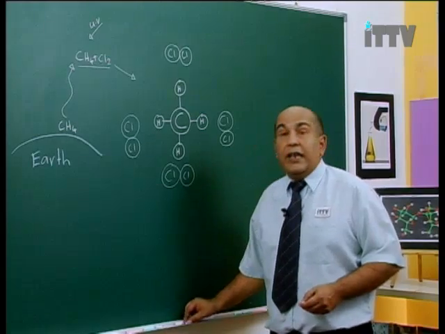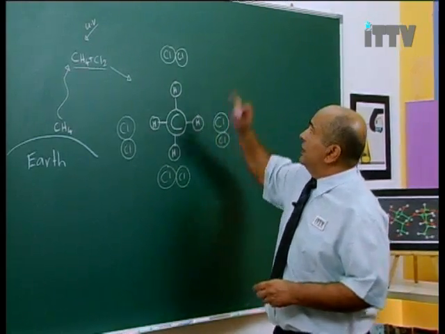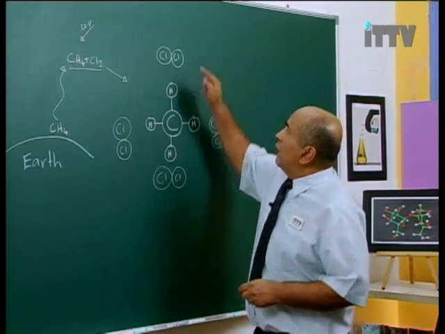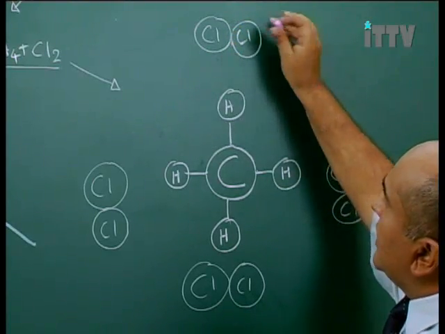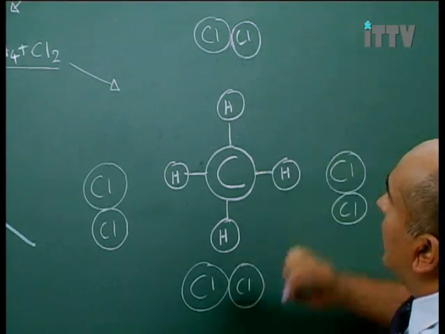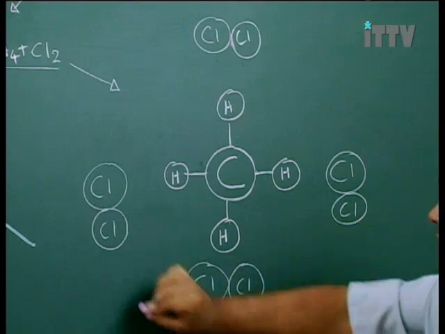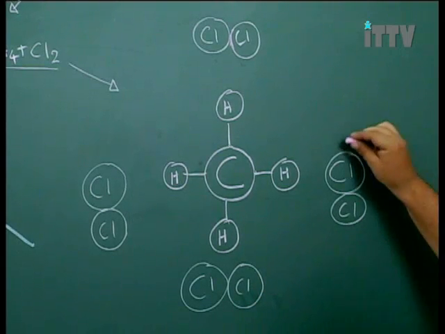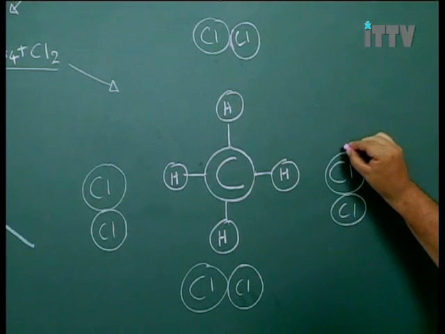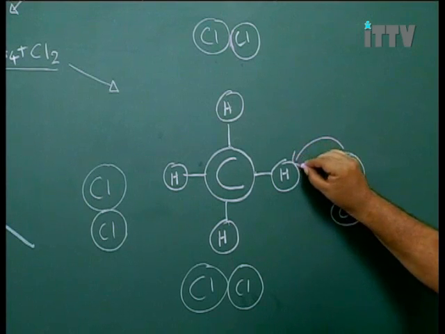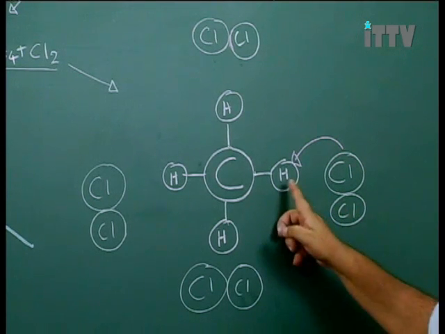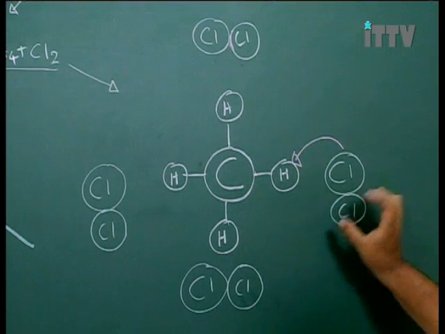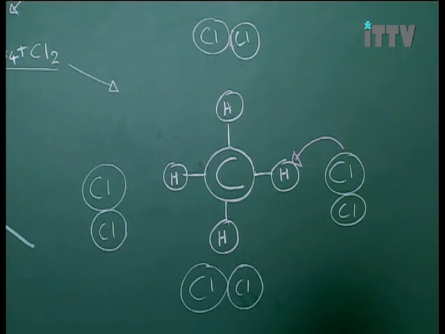When the chlorine is exposed to the ultraviolet light, the chlorine will change from a chlorine molecule into chlorine atoms. So they will be atoms, all of these. What will happen is the chlorine over here will substitute the hydrogen over here. So this hydrogen will come out and this chlorine will substitute it.